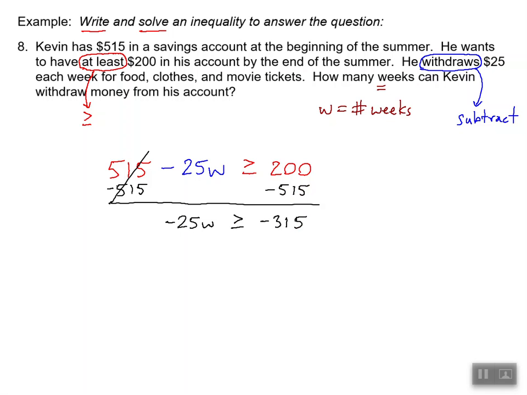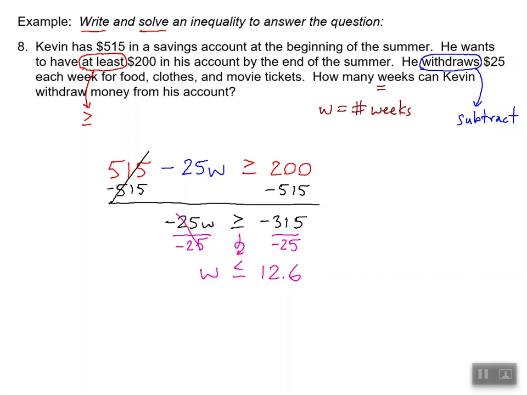Okay, one more step. Let's divide this coefficient away. Negative 25 will divide away. I'll do that on both sides. Now watch out. We just divided by a negative, which means that this inequality has to change directions. We have to flip the inequality when we multiply or divide by a negative. W will be all by itself, and negative 315 divided by negative 25 is 12.6.